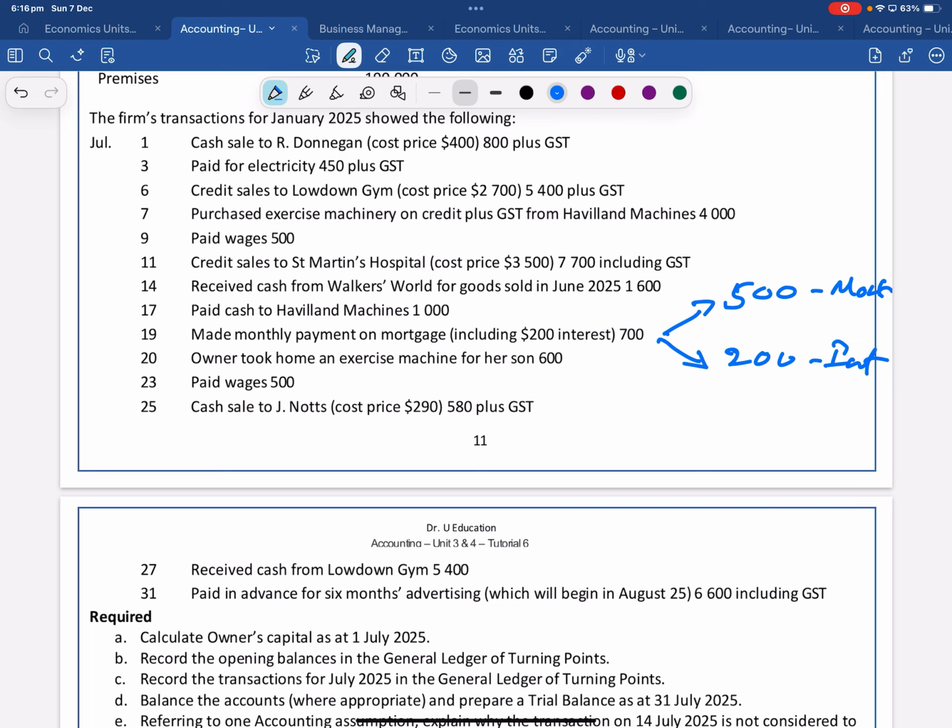It would be an increase in expense and a decrease in asset. In double entry, debit advertising expense and credit prepaid advertising.